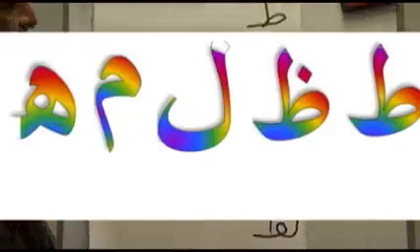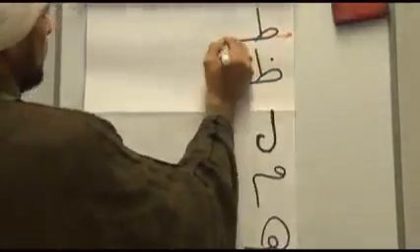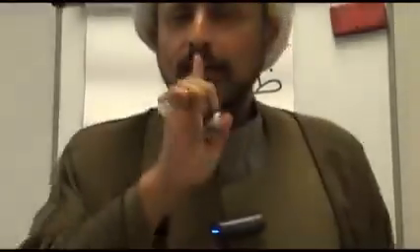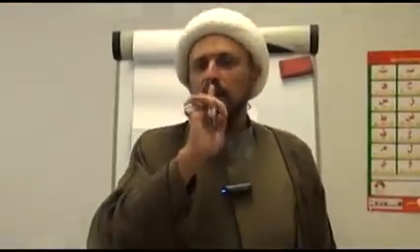Ta. You don't have to do anything about it. It just gets connected from here and here. Now let's see. Ta is not a T. You have to hit the tongue above. In T, it's just close to the tongue.